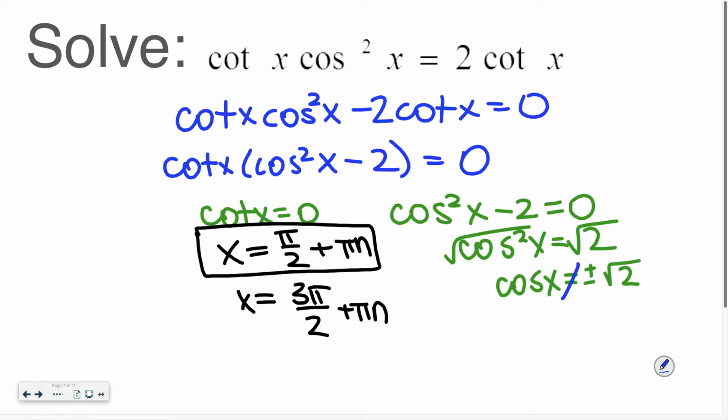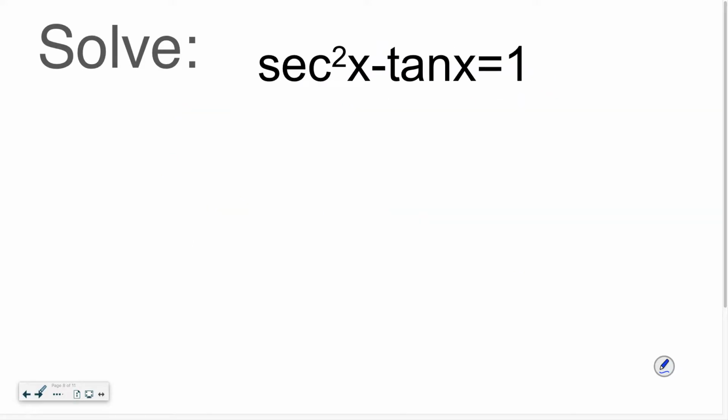All right, two more examples together as a class. All right, what are your thoughts?